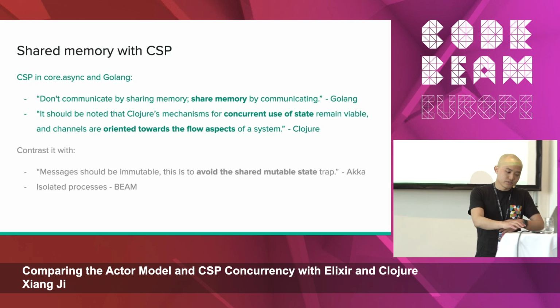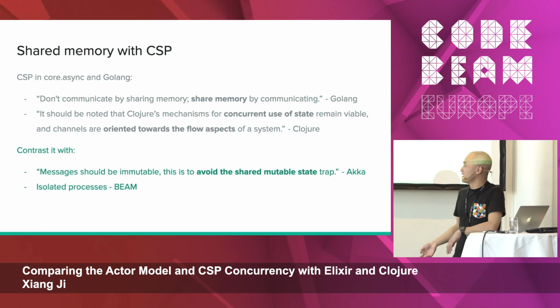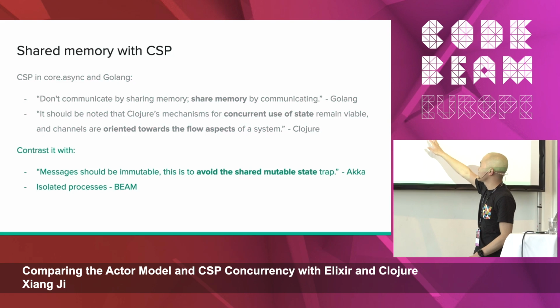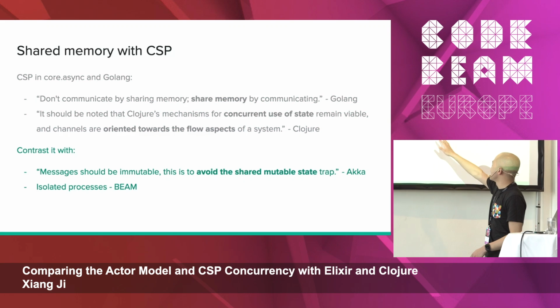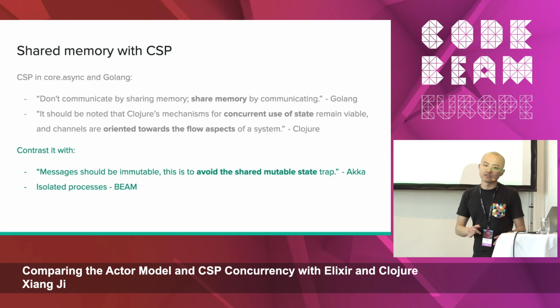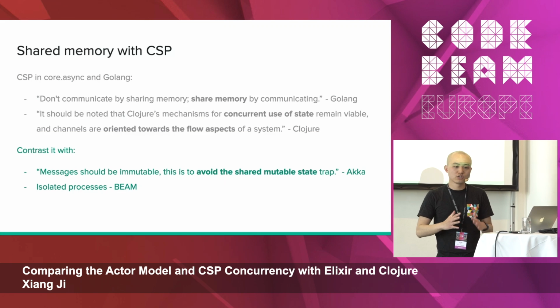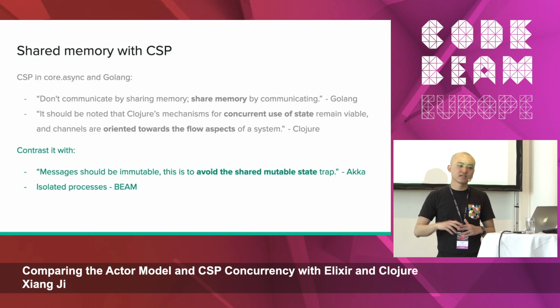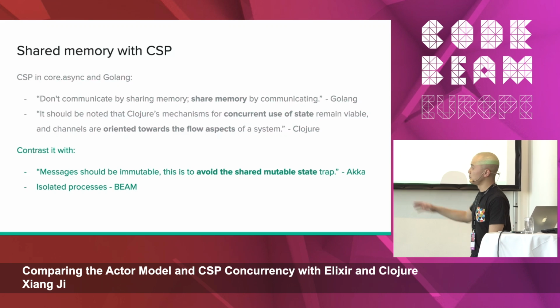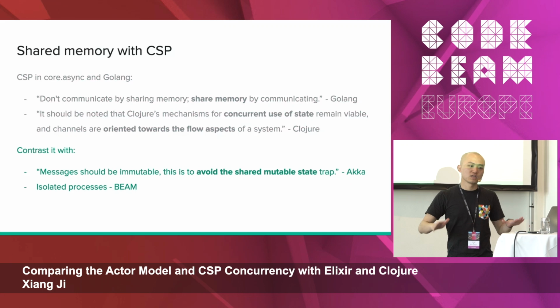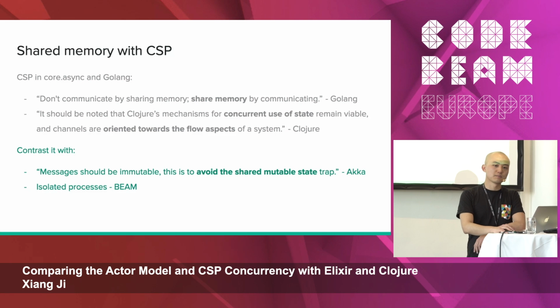And so, of course, if you contrast that with something from the Akka documentation, you want to avoid shared mutable state. This is very explicit in Akka, but you cannot really enforce that. So in Akka, you can actually send something across the wire, and the other side can modify it because you're on the JVM, and there's no mechanism preventing that. This is different from the BEAM, where processes are just isolated by default, so you cannot touch the memory of the other process.